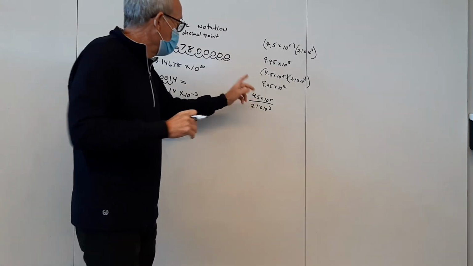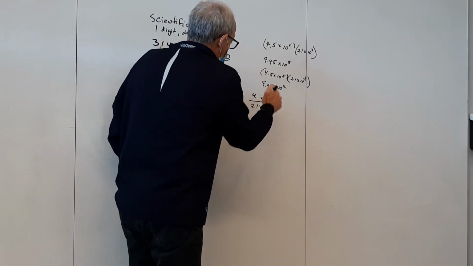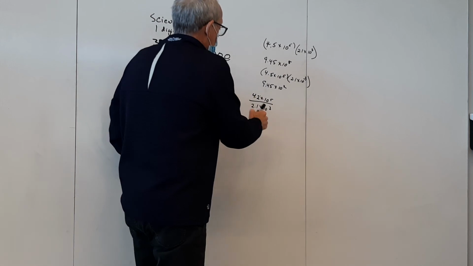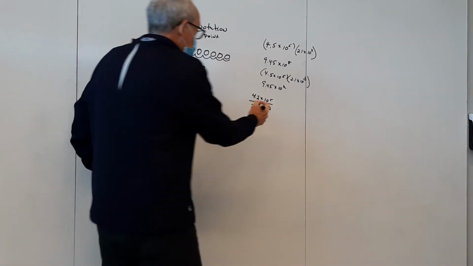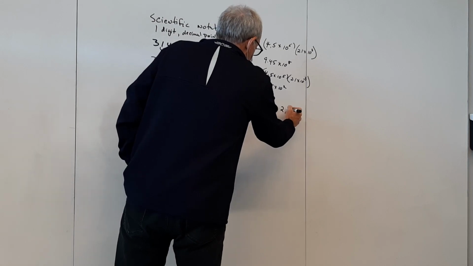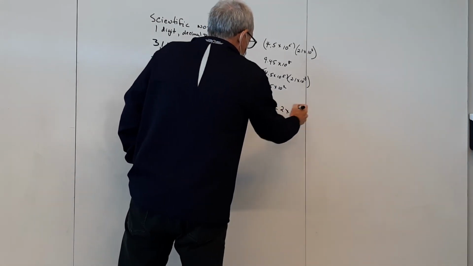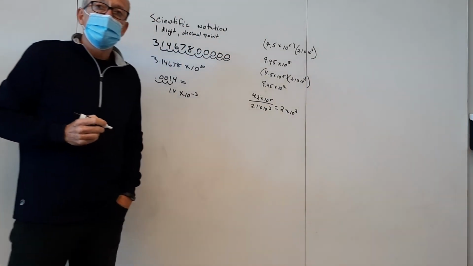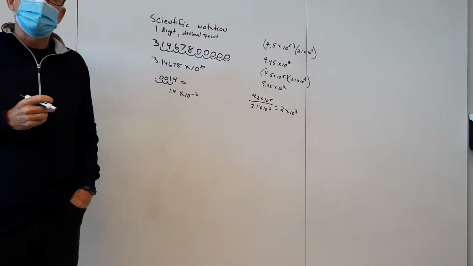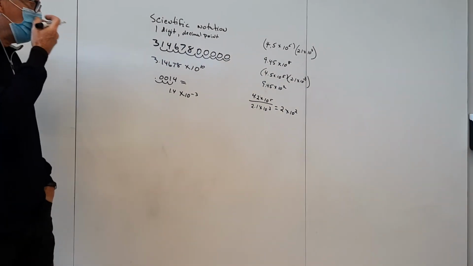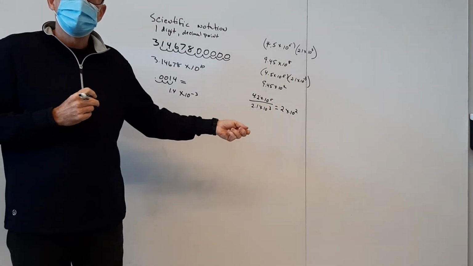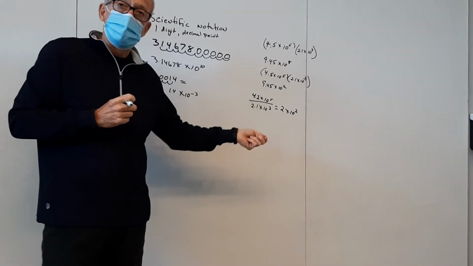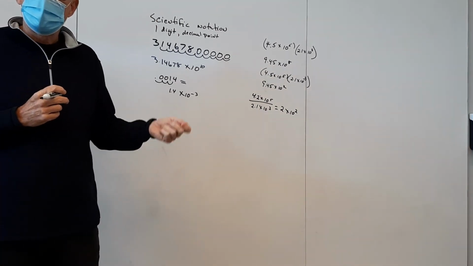If I make this 4.2, because I know 4.2 divided by 2.1 is 2, then this should be 2 times 10 to the 2nd. Do it on your calculator and see if you get that. When you divide using scientific notation, you subtract.